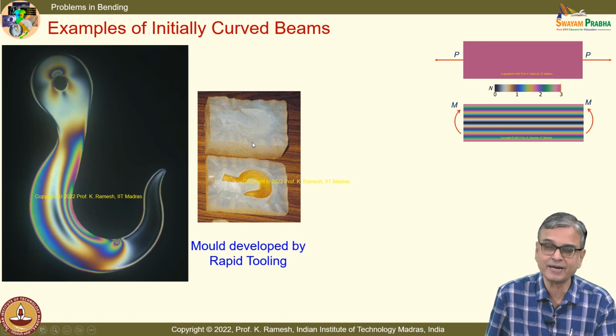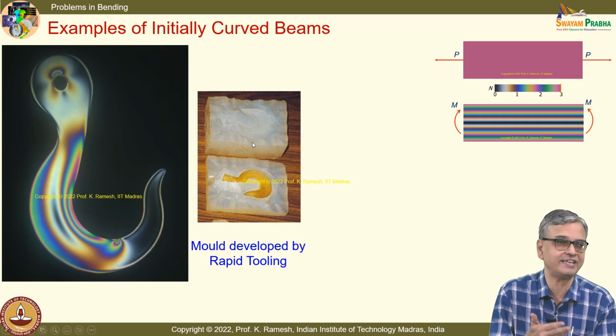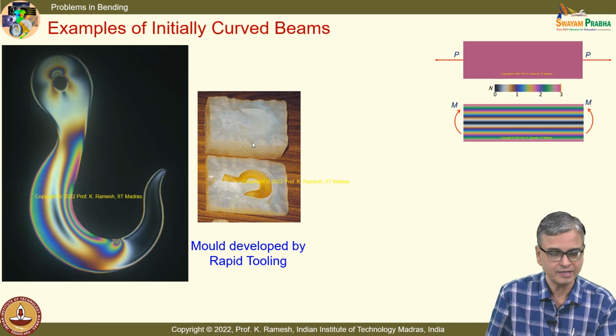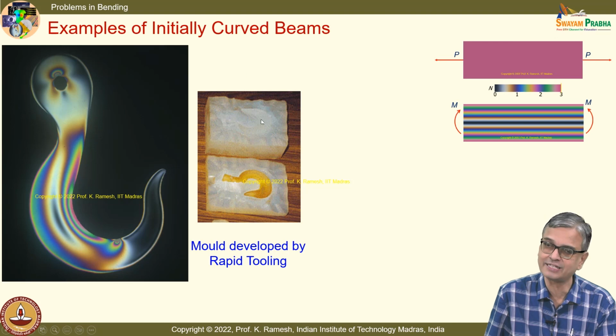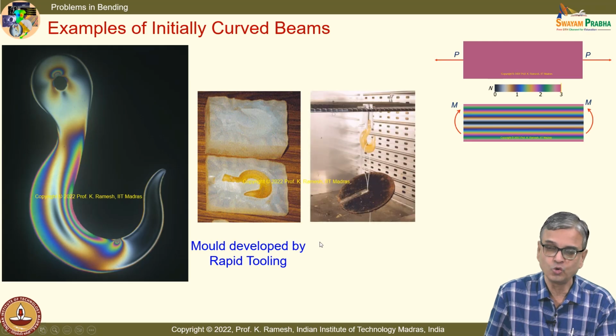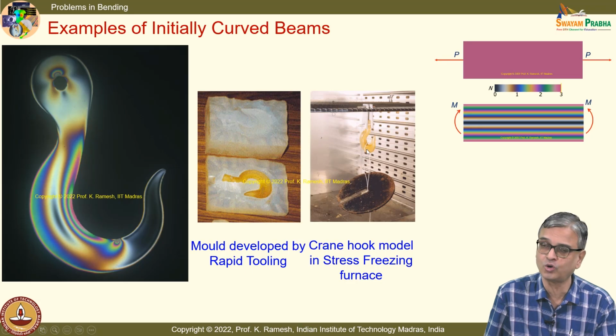The mold is prepared based on actual steel crane hook. Then you have the mold cavity generated by rapid tooling, and you get the hook done. And there is also a special process by which, by applying the load, whatever the effect of the load can be frozen into the model. This is called stress freezing. It is all done by my students.